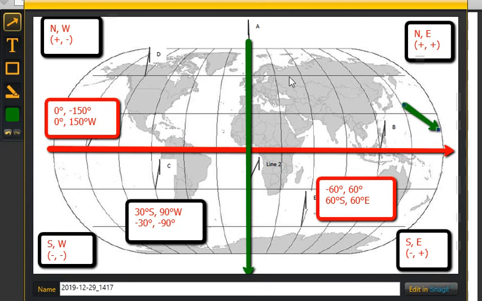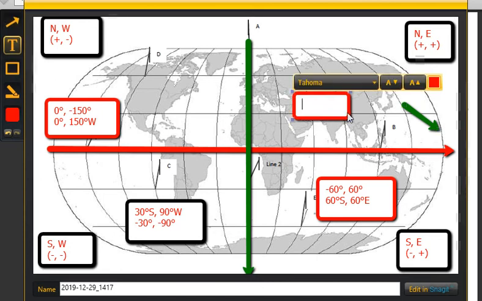And I wouldn't give you something like 16 or 17. I'd be looking for the halfway, easy way to do that at 15 degrees. So that is in the northern hemisphere. So it is 15 degrees, a positive number, because I don't have to put the positive sign. And then this is 180 degrees. And again, since I'm going to the east, it would be a positive number. So that would be 15 degrees, 180 degrees.